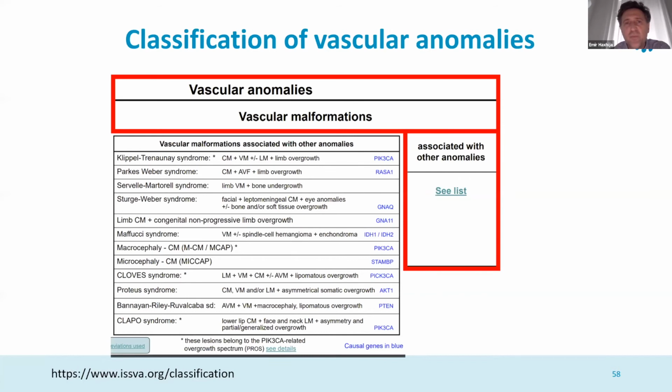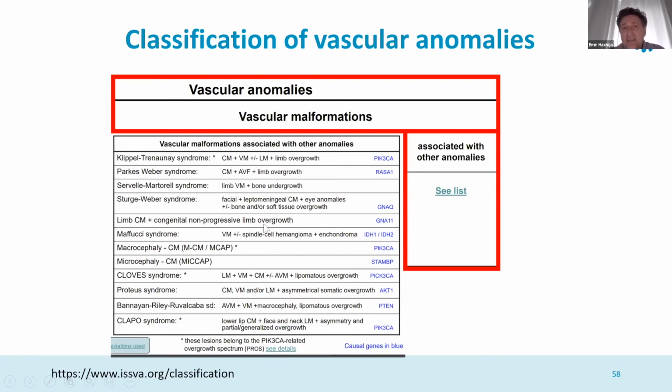The last group of vascular malformations is comprised of vascular malformations which are associated with other anomalies. So we have a number of other anomalies like limb overgrowth, bone overgrowth, eye anomalies, leptomeningeal capillary malformations, enchondromas, lipomatous overgrowth, or asymmetrical somatic overgrowth, macrocephaly, and as I mentioned before, lipomatous overgrowth.